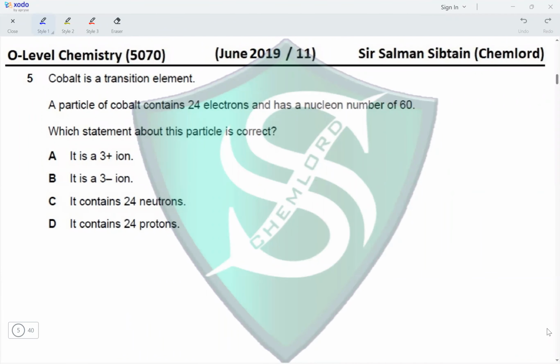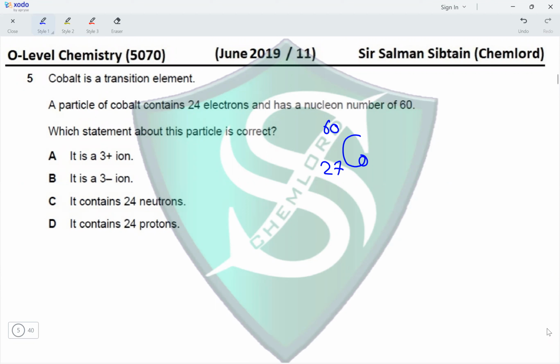Question 5. Cobalt is a transition element. A particle of cobalt contains 24 electrons and has a nucleon number of 60. Okay, so looking at the periodic table, we also obtain its proton number, which is 27.